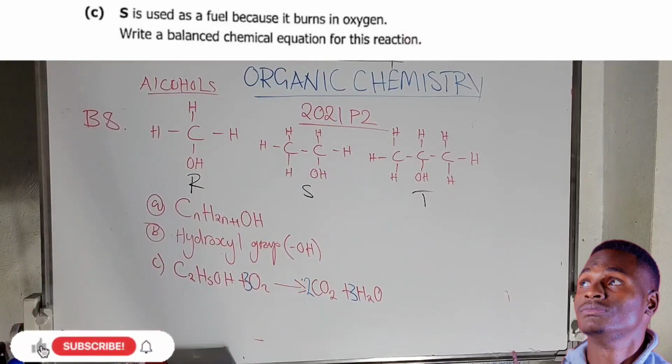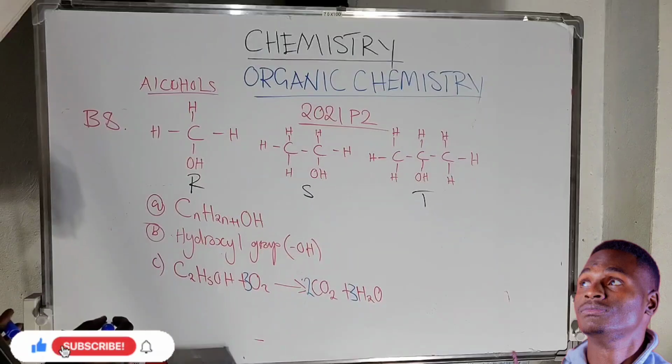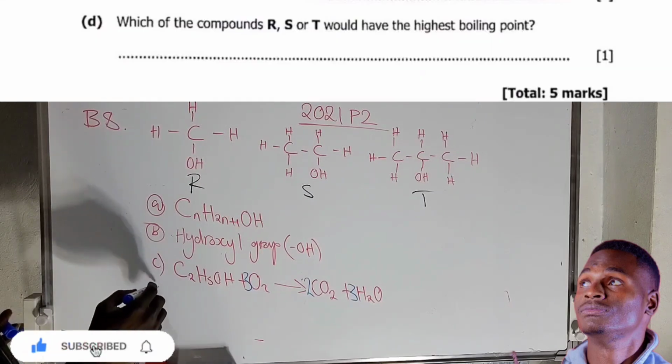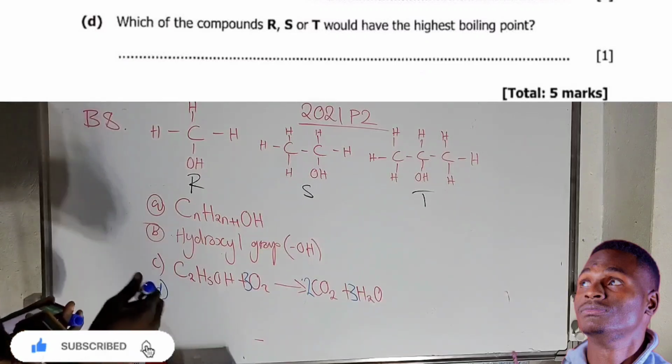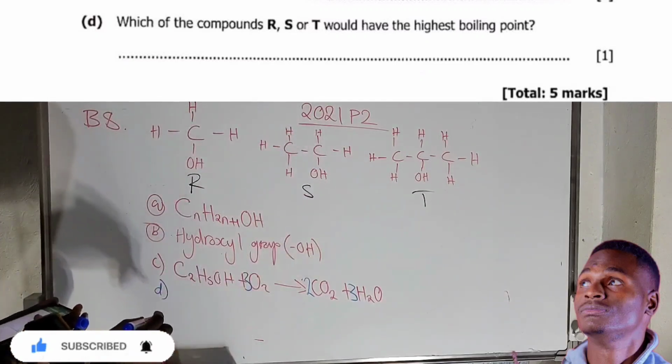The last question on question B8, which is D, is saying, which of the compounds R, S, or T would have the highest boiling point? This question they usually ask. So the answer is T. Okay?